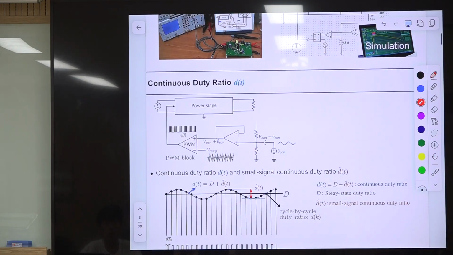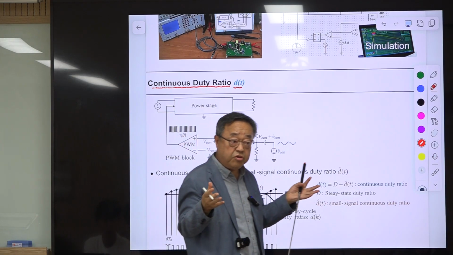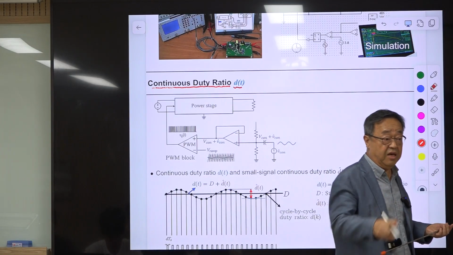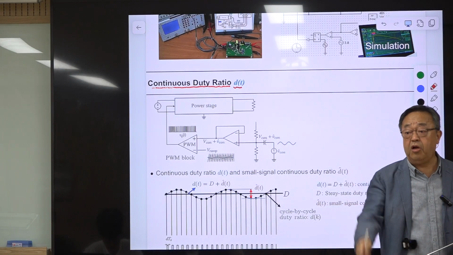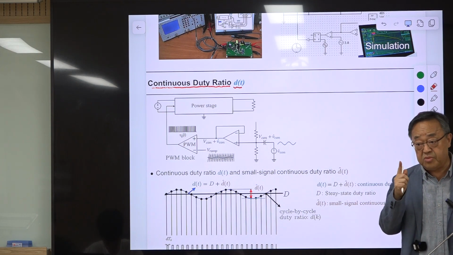The very critical concept is the continuous duty ratio d(t). Why this one is so important is obvious. In the PWM converter, most of the signals are continuous analog signals. There is only one discrete, or digital, or discrete time signal.